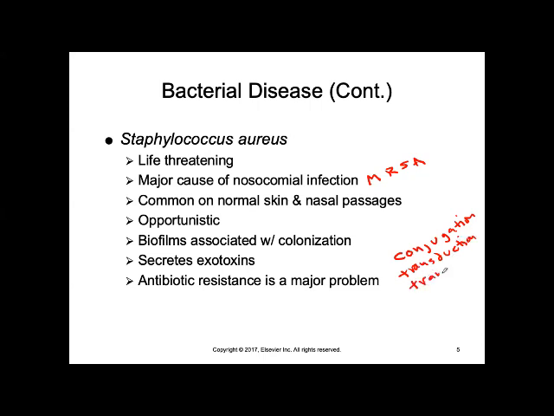Transposition, or transformation. And you might say, well, what's the difference between those? They all result in new genetic material being incorporated into the recipient, and that genetic material can contain genes for antibiotic resistance. Okay, so let's get that out of the way up front.